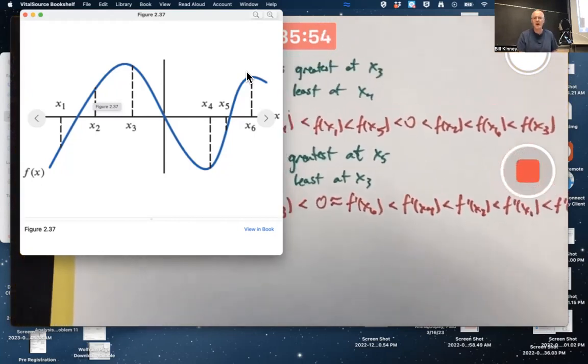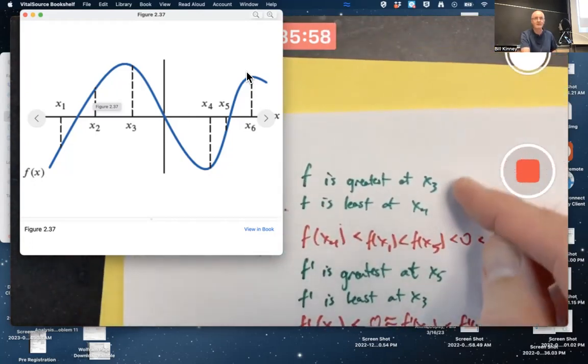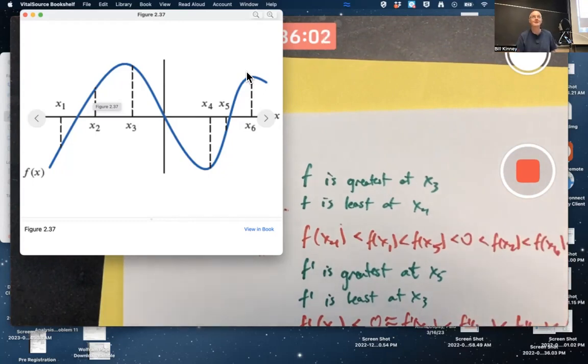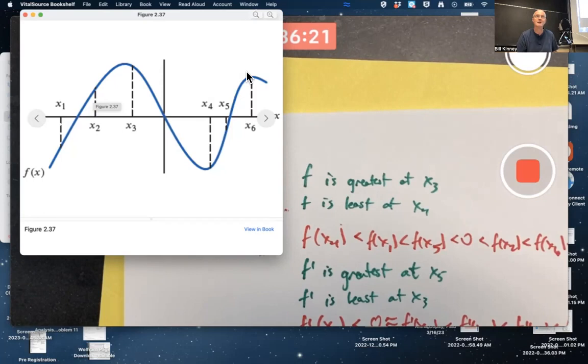As far as saying where f prime is least or greatest, it would be what we found for f in the original problem. I'm imagining changing the problem here, saying that's the graph of f prime. If I wanted to find where f prime is greatest and least, it would be the same as the answer I got for f for the original problem, because that is the graph of f prime then.